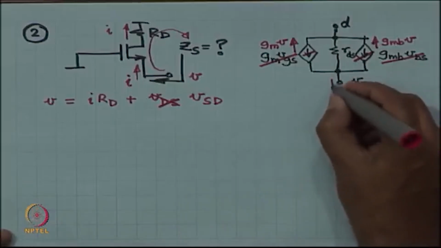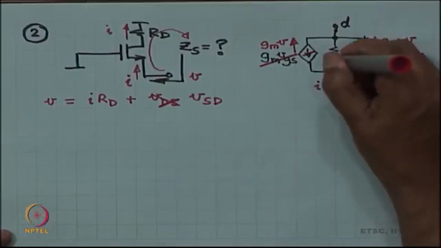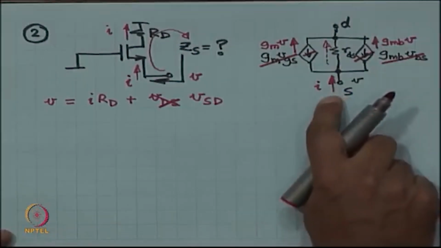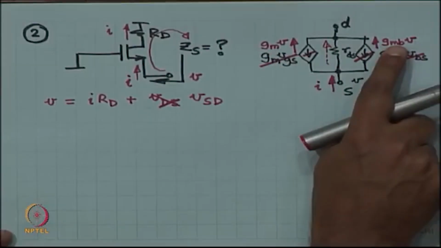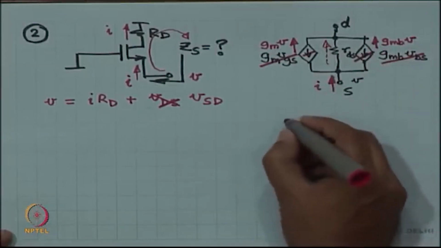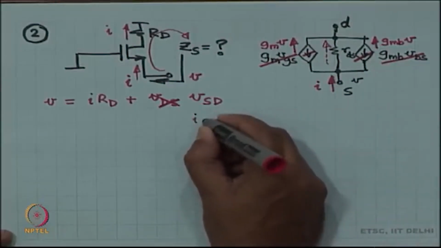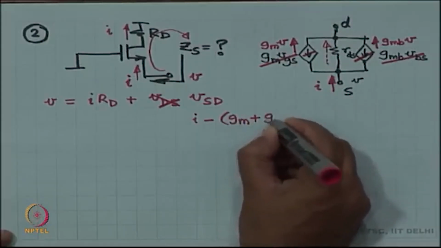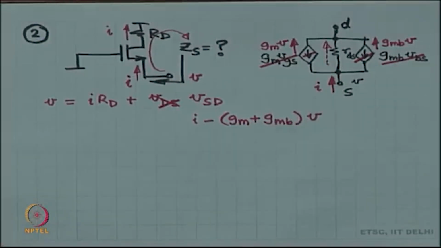Total current over here was I, which means that the remaining current through this RDS is I minus GM times V minus GMB times V. So, the current through RDS is nothing but I minus this.